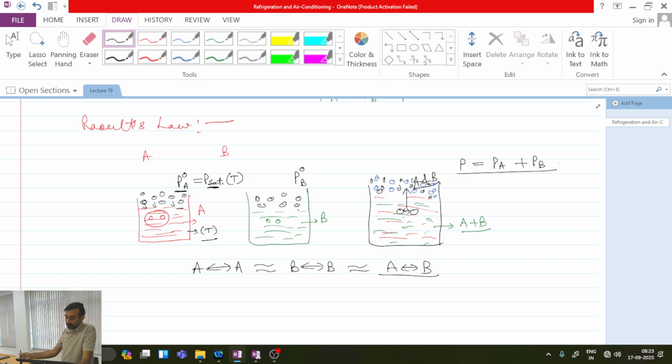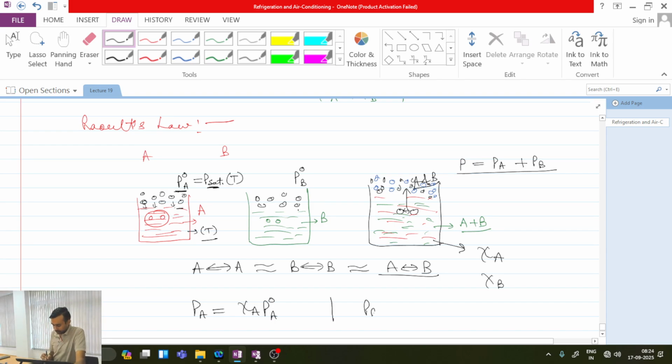Now there is one important law, which is Raoult's law, which says that if in this mixture I have chi A as the mole fraction of A and chi B as the mole fraction of B, then as per Raoult's law, PA, the partial pressure of A in the mixture, will be equal to its mole fraction times its vapor pressure, P0A.